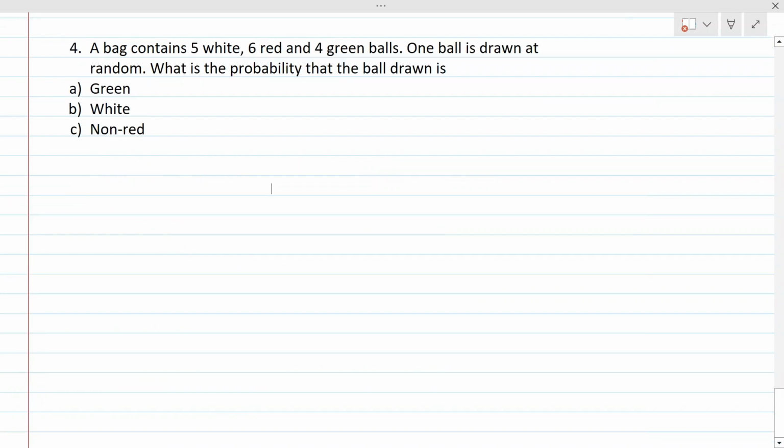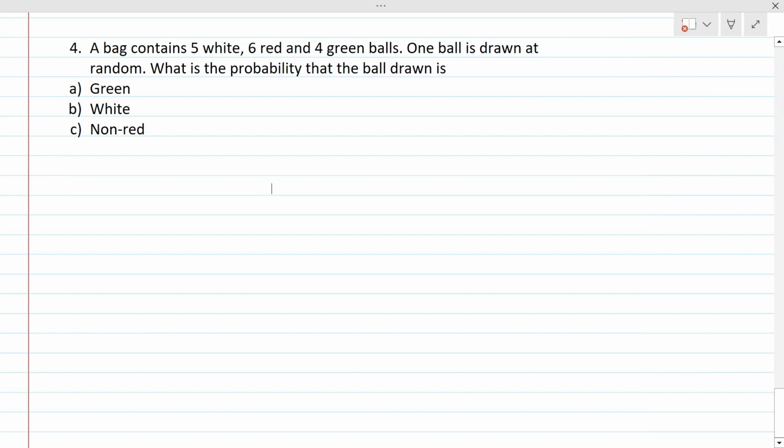Now the fourth question, a similar type to the third. A bag contains 5 white, 6 red and 4 green balls. One ball is drawn at random. What is the probability that the ball drawn is first option green, second white, and third non-red? A small difference is there in this problem. I will explain everything. Listen carefully.